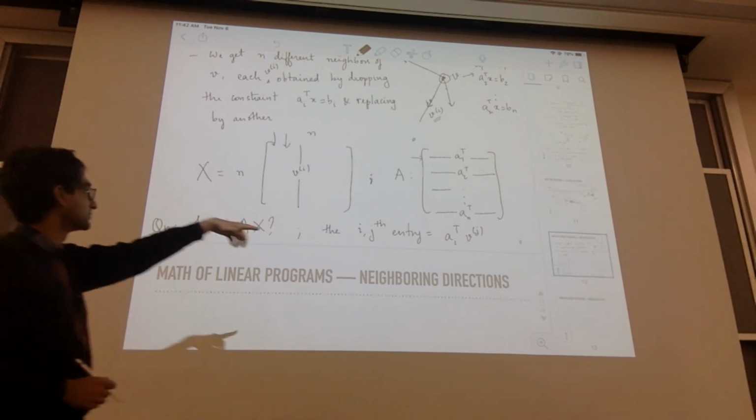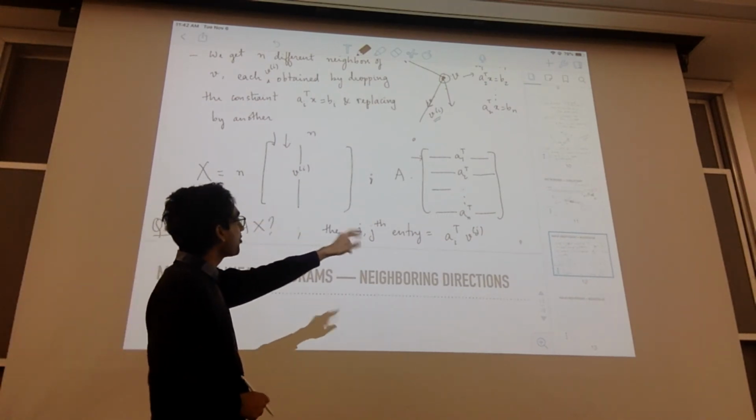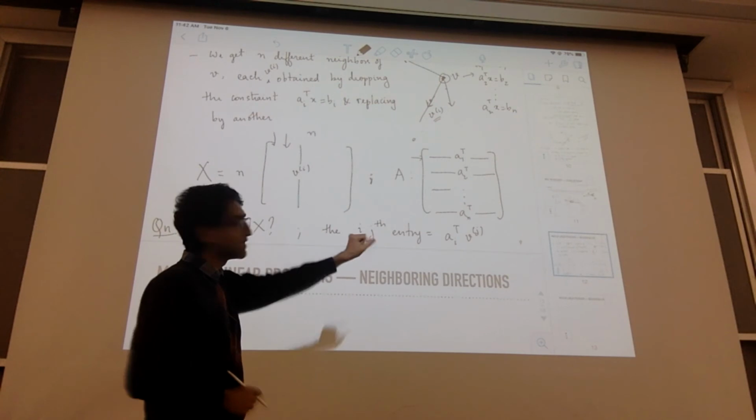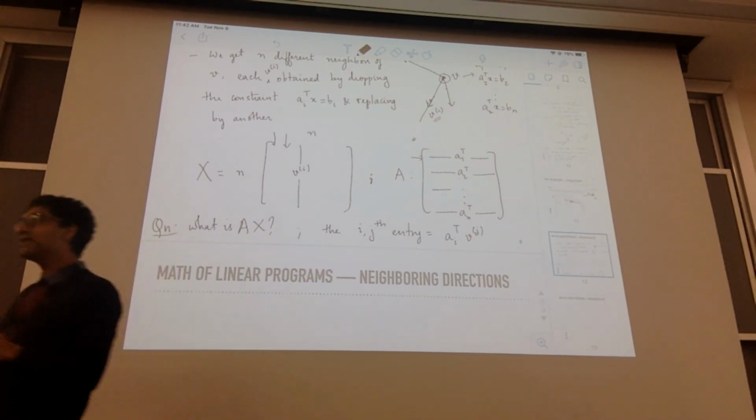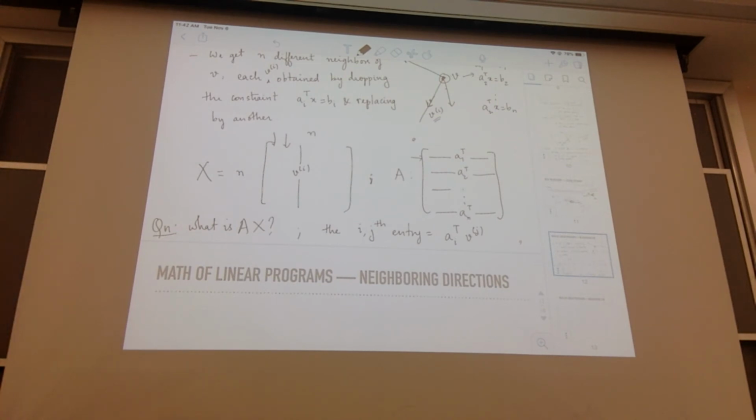Now my point is, how was Vj chosen? Vj was this direction that satisfied all equations except the jth one. That was the definition of Vj.